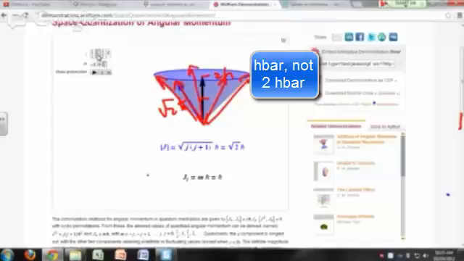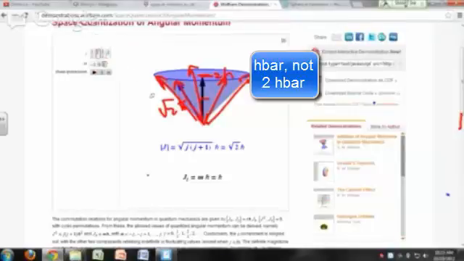That vector can be anywhere on that cone, because all of these vectors that are on this cone will have a component of 2 h bar. So what I've done here is I picked j equals 1 and m equals 1. This thing uses j as a more generic symbol for the quantum number of angular momentum.